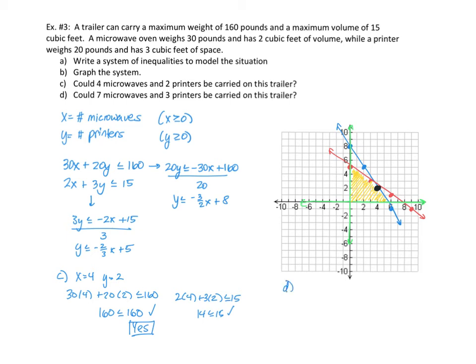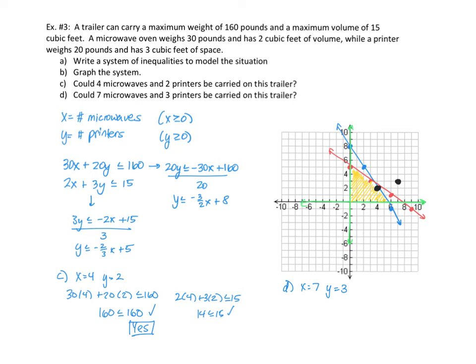So our last situation then, what about if x equals 7 and y equals 3? Graphically, if we find the point (7, 3), notice that that is outside of our shaded region, so it's not in our list of possible ordered pairs that are shaded by our yellow shading.